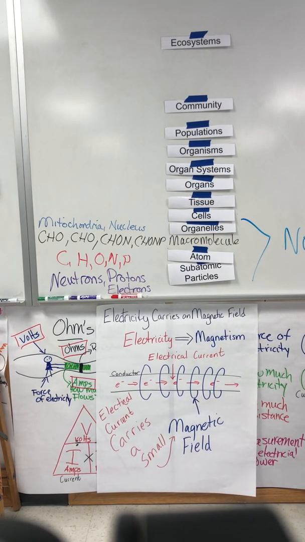What are living things, for example? Well, the smallest form of life starts right here. So a single cell is the first form of life. It is the smallest living unit that is considered life.